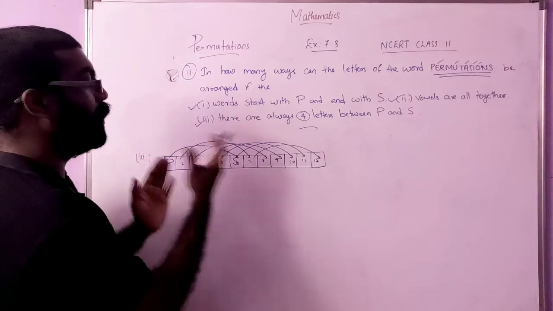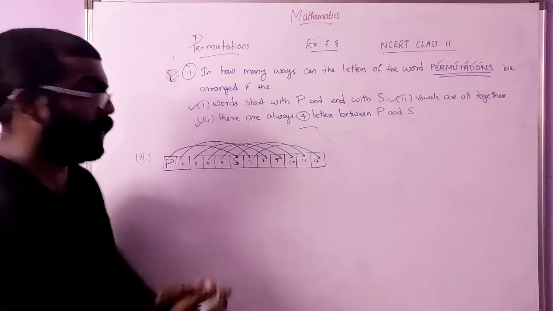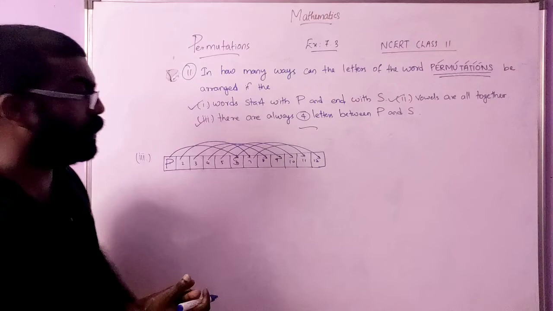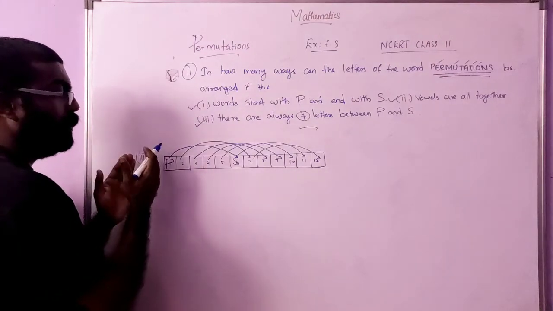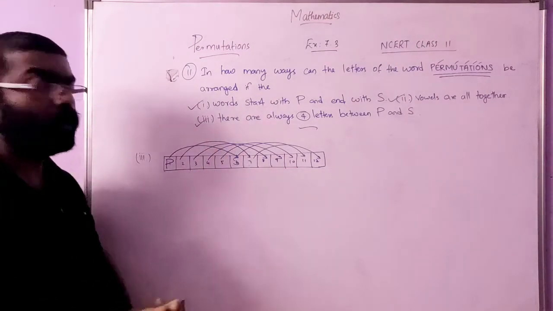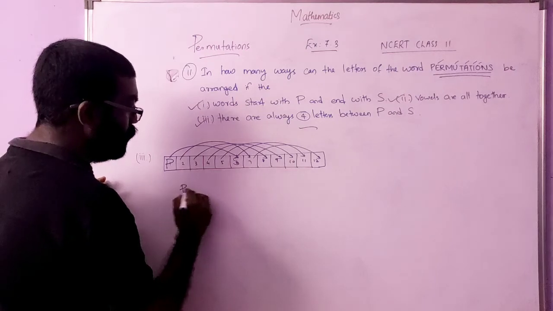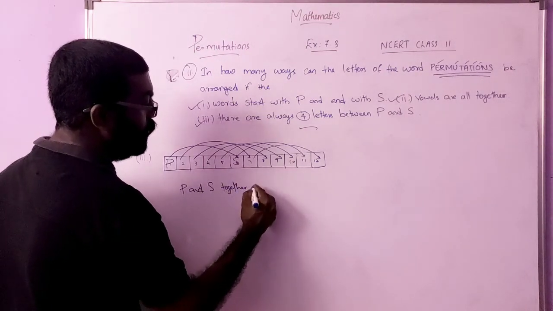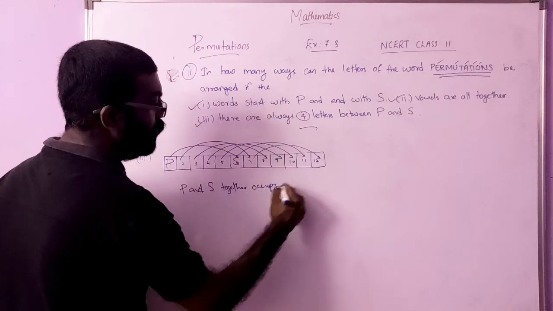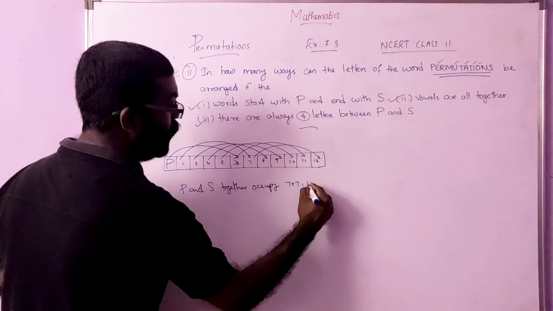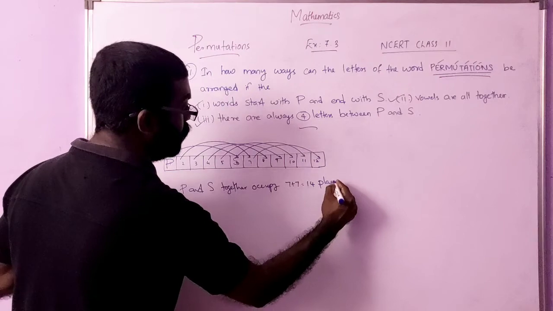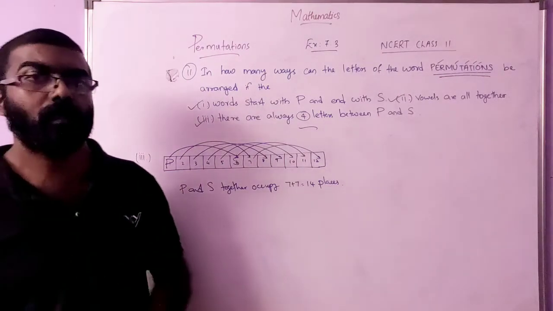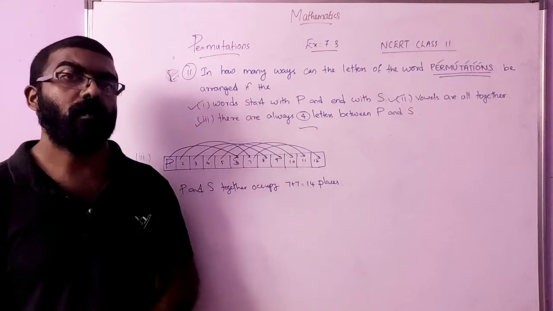First we take P first and followed by S. Similarly, we can consider the situation in which S is followed by P. So P and S together occupy 7 plus 7, which is equal to 14 places. So the number of permutations for P and S will be equal to 14.